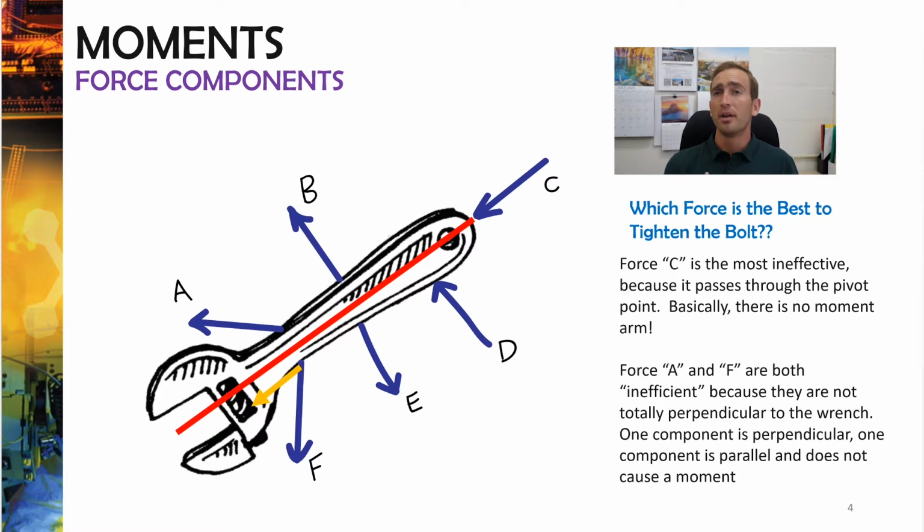As a result, those forces are not very efficient, and only a small component of the force is actually perpendicular to the bolt and turning it. So, we know that the answer is not C, it's not A, and it's not F.